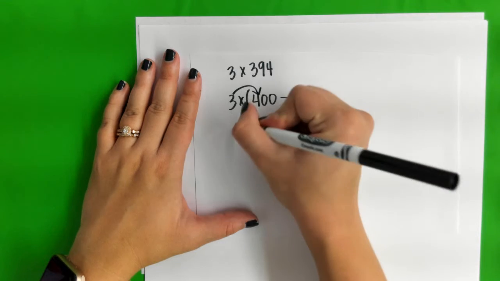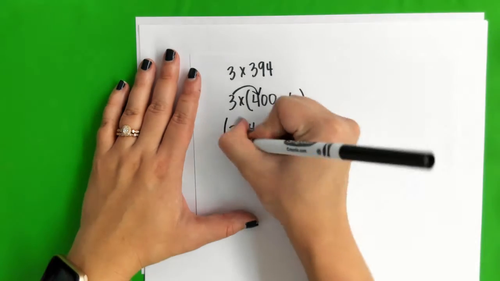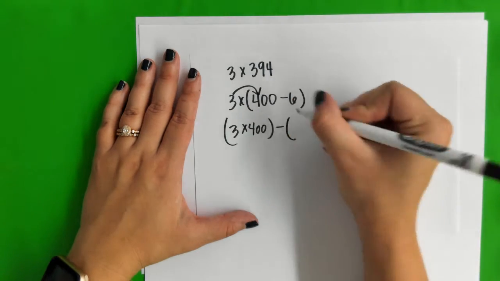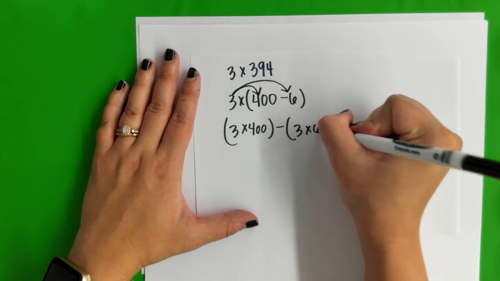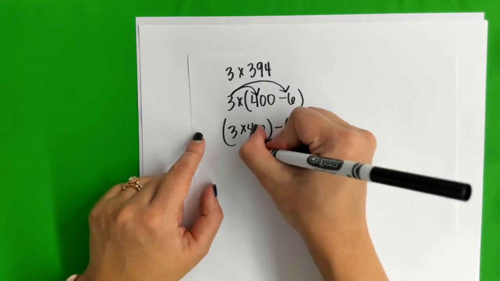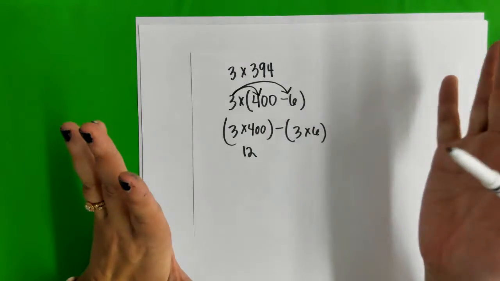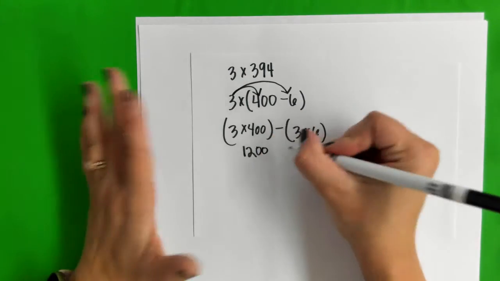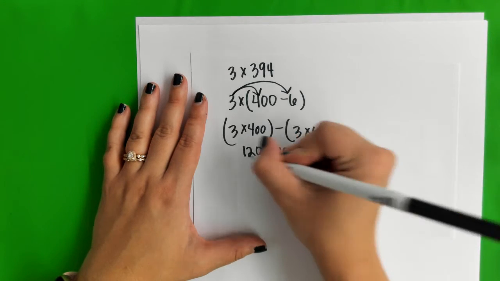Distribute this out. So 3 times 400. Drop our subtraction sign. 3 times 4 is 12. Uncover 2 zeros, add 2 zeros, and then subtract. 3 times 6 is 18.